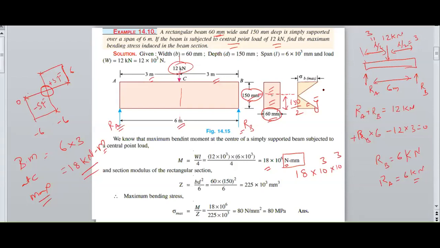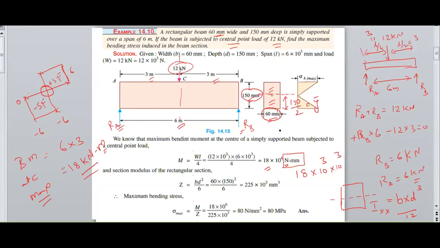Here I need y bars only in this problem, no need of x bars. Next, I need the Ixx value for the rectangular cross section. So the equation is Ixx is equal to BD cube by 12.